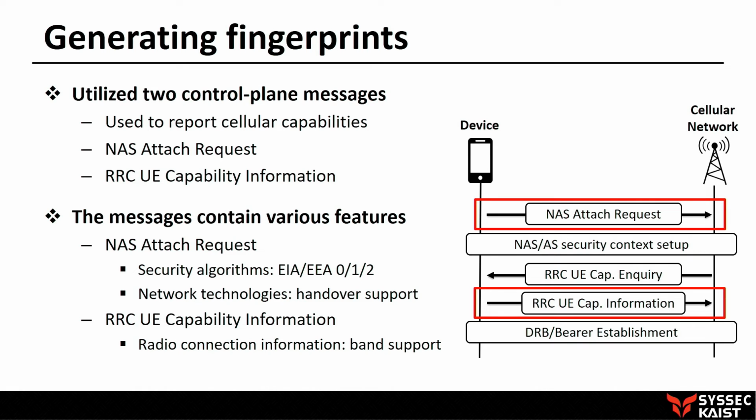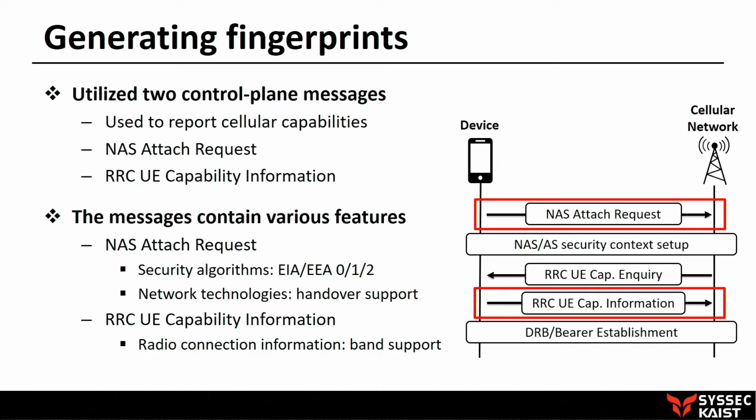To generate the fingerprints using the capabilities, we utilize two cellular control plane messages, which are used to report cellular capabilities. Those messages are called NAS attach request and RRC UE capability information. Note that these messages are used by all cellular devices to report their capabilities.